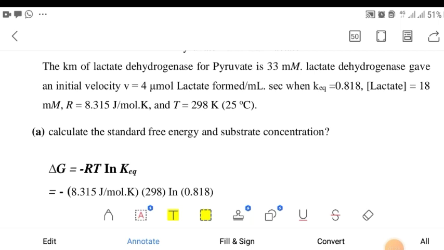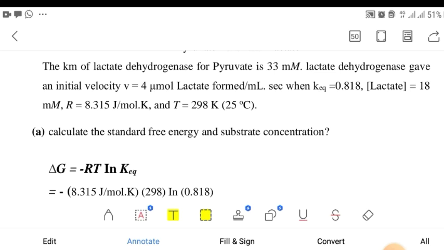As for your R and T, I will provide them if you have them in the exam. The only condition whereby you change your T is if the reaction is not carried out at room temperature. For instance, if the temperature is 37 degrees, you need to add 273 to give you 310 Kelvin.